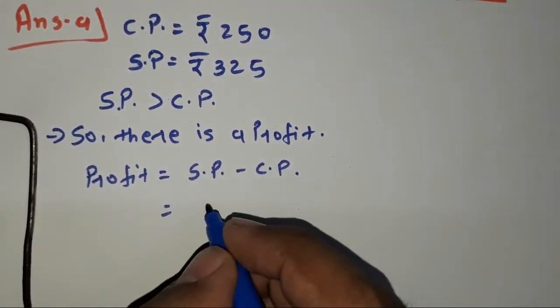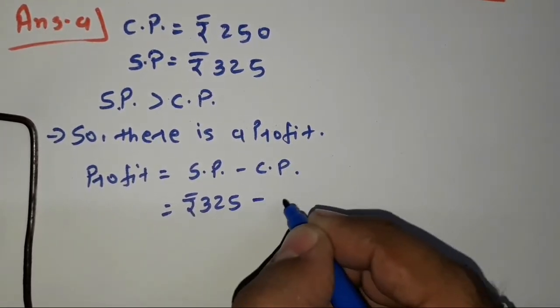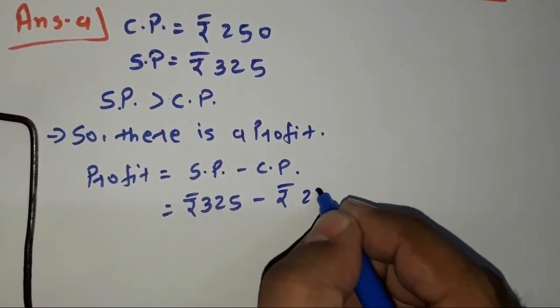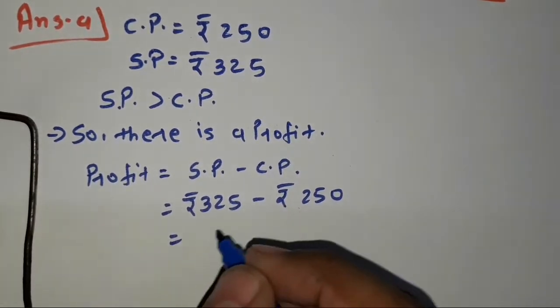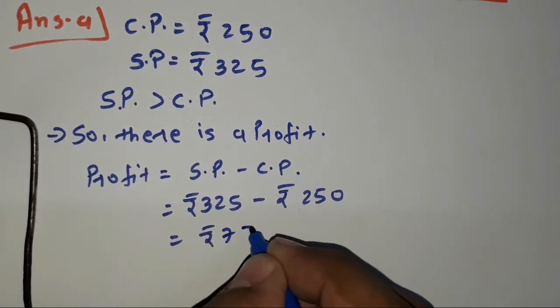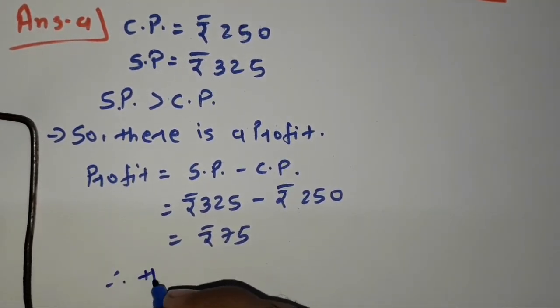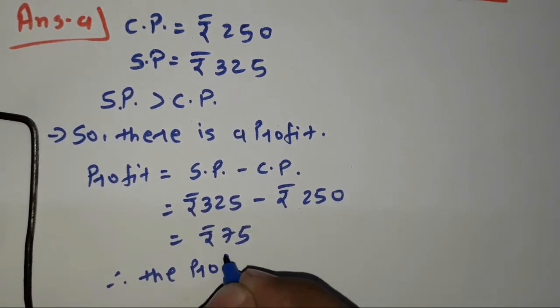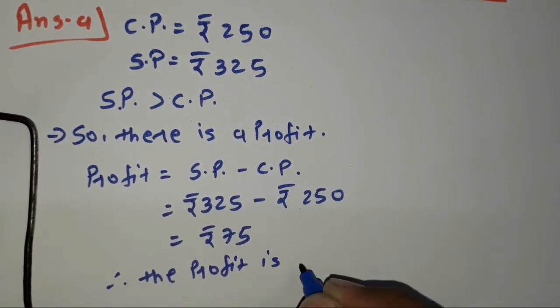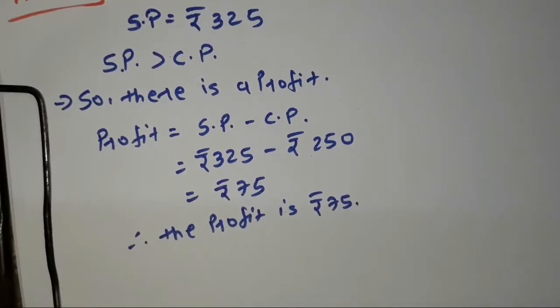Selling price is given as rupees 325, minus cost price, which is rupees 250. When I subtract 325 minus 250, I will get rupees 75. So the profit is rupees 75.